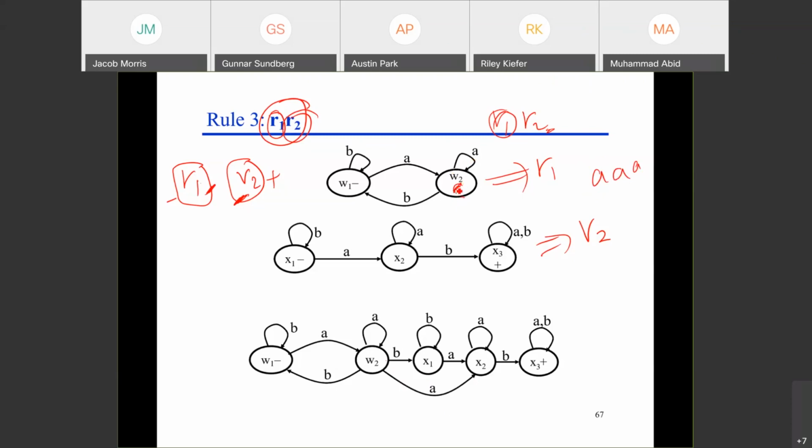When I combine this, it will be lambda, let's say. Then if you are here and you receive A as input, you are not sure whether it is still here, or it is this thing. Makes sense? Because this is a start state.